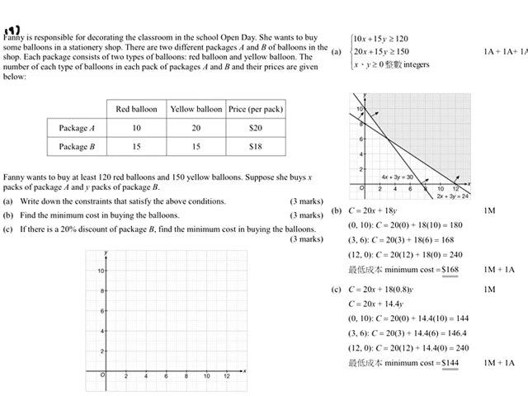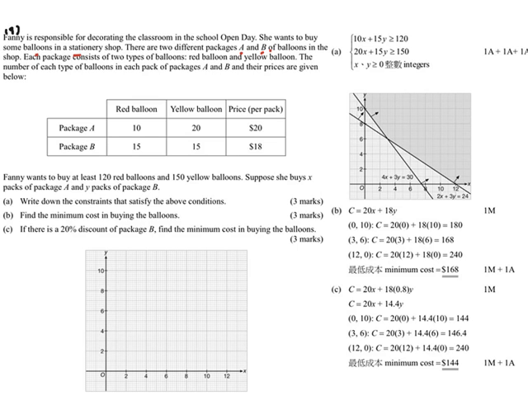The last question is about linear programming. Fanny will decorate the classroom. She wants to buy some balloons in the stationery shop. There are two different packages, A and B, of balloons in the shop.